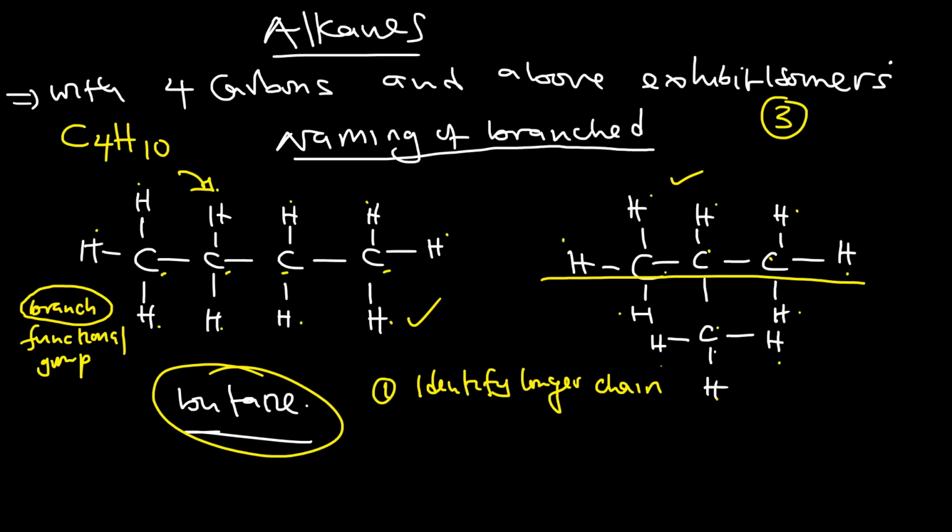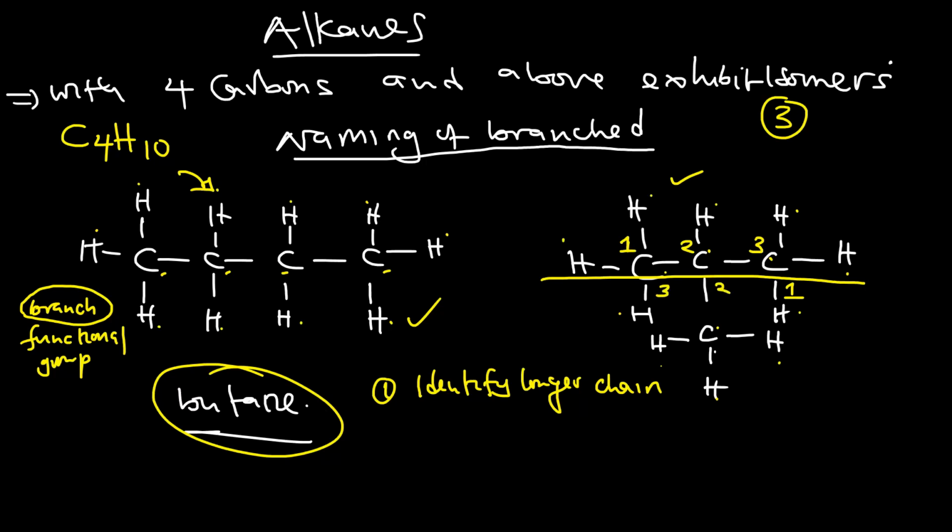What it means is that after identifying the long chain, we are going to count this forward and backward. So counting forward, this is carbon number 1, this is carbon number 2, this is carbon number 3. Backward, this is carbon number 1, this is carbon number 2, this is carbon number 3.